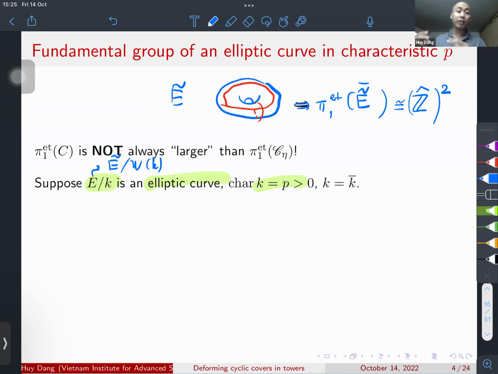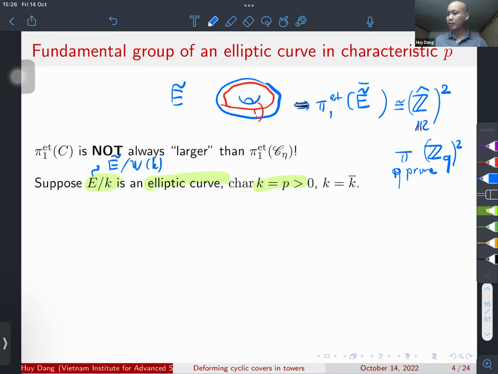Because we have two generators in the free group of two generators. And this one is of course isomorphic to the product of all the primes of Z_Q squared. Any question? Yeah.